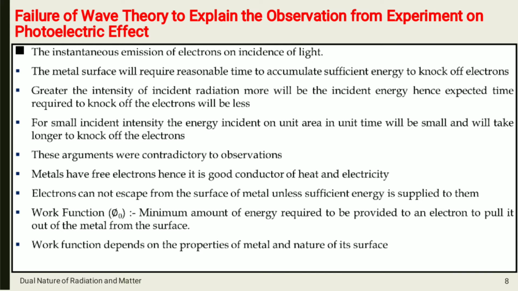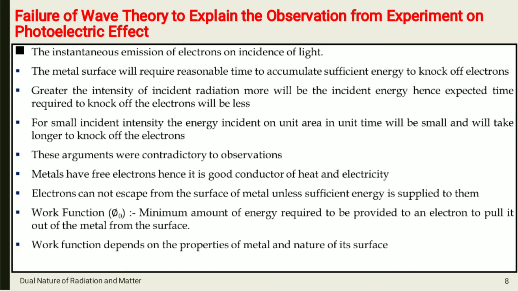If the intensity of incident light is less, energy is less, and due to that the metal will take longer to knock off the electrons. These arguments are contradictory to observations. This means these three arguments, second, third and fourth, are different from the observation. What is the observation? Instantaneous emission of electrons on incidence of light.